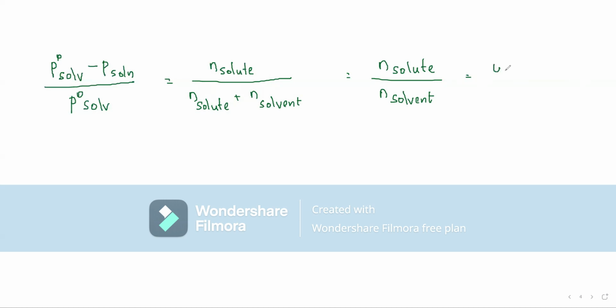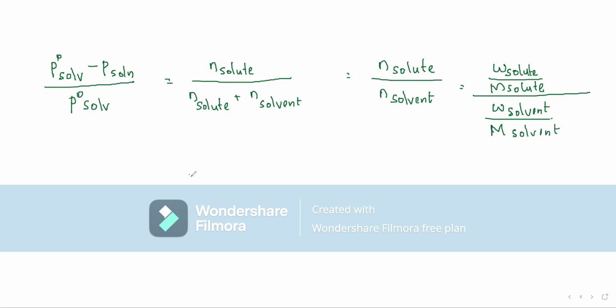The number of moles of solute is the weight of solute divided by the molecular mass of solute. N of solvent is the weight of solvent by the molecular weight of the solvent.